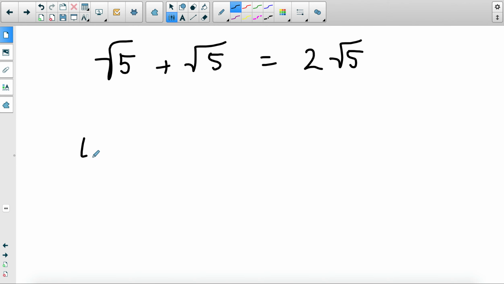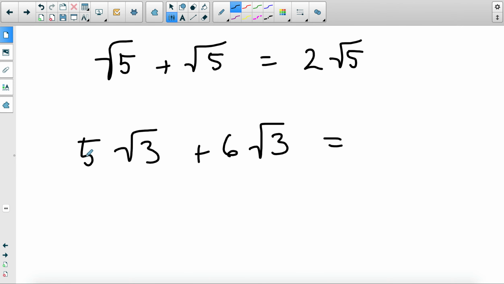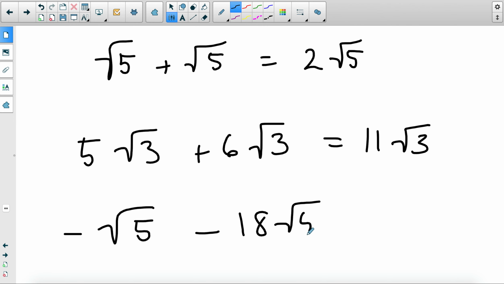If you had 5 square root of 3 plus 6 square root of 3, then I have 5 lots of square root of 3 and 6 lots of square root of 3. So in total, I have 11 square root of 3. If I had negative square root of 5 minus 18 square root of 5, then that will be negative 19 square root of 5.